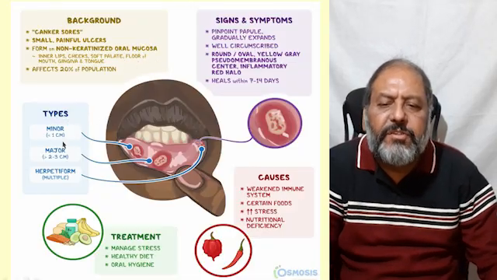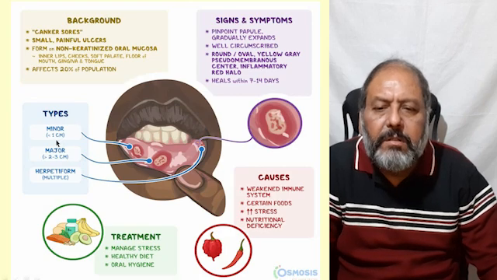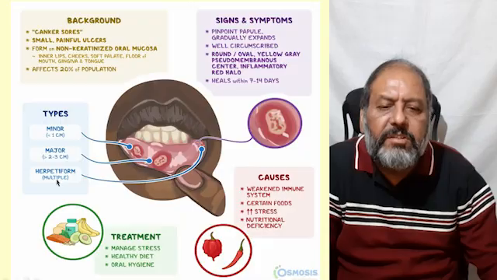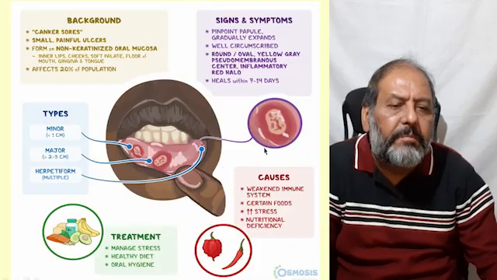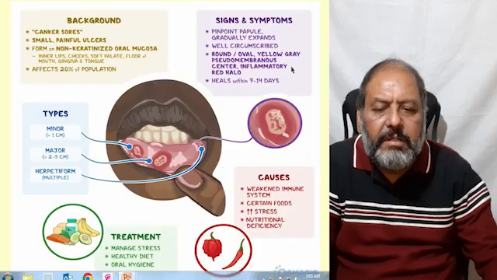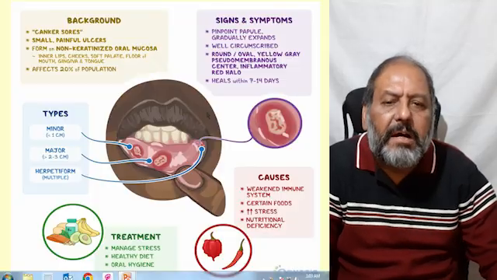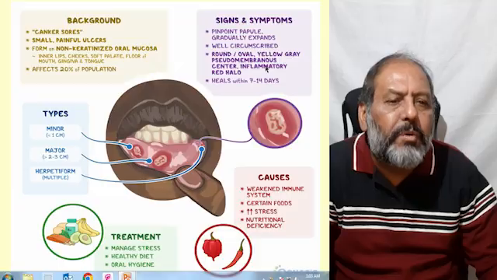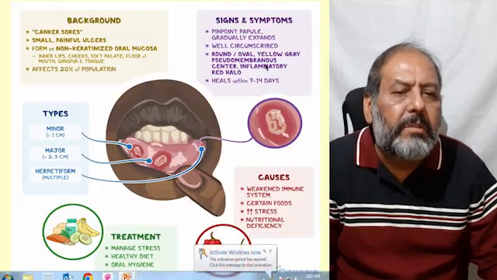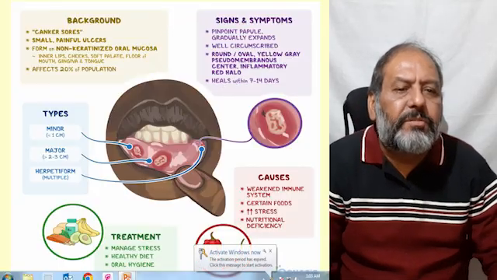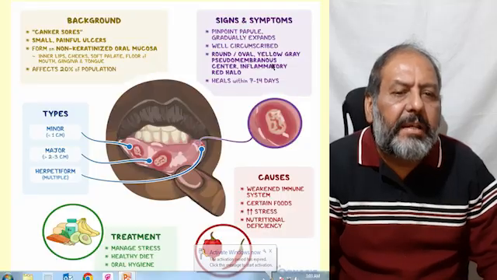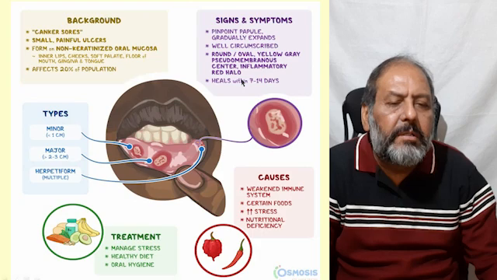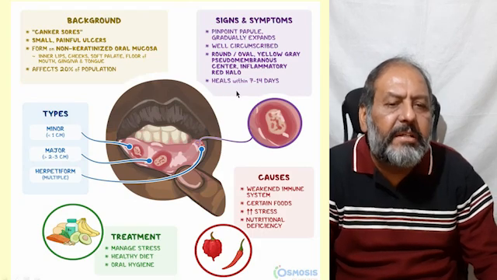As one can see, minor is less than 1 centimeter, major is 2 to 3 centimeters, and herpetiform are the larger ones. The signs and symptoms are pinpoint papules that gradually expand, well circumscribed, round, oval, yellow-gray, with a pseudomembranous center and an inflammatory red halo.